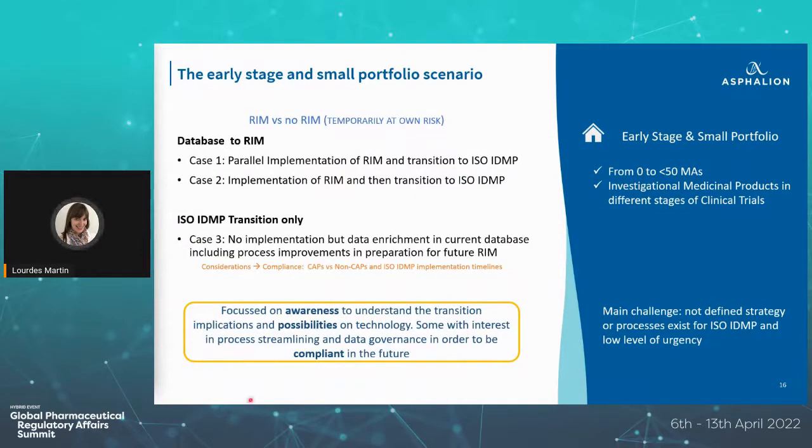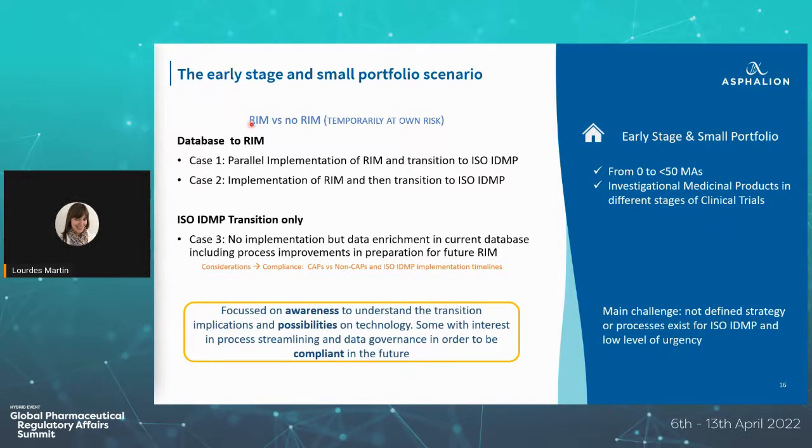So if we look a little more into a few cases: the early stage and small portfolio scenario is from 0 to less than 50 MAs, or investigational medicinal products in different stages of clinical trial but no MA yet. The main challenge is not having a defined strategy or existing processes for ISO IDMP, and a low level of urgency given their status.